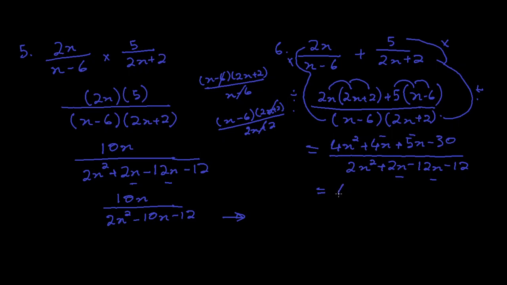So now we're going to have 4x squared. This 4x and 5x, since the signs are the same, you simply add them. You're going to have positive 9x minus 30 all over, same thing here, we're going to drop the 2x squared, then you add this.